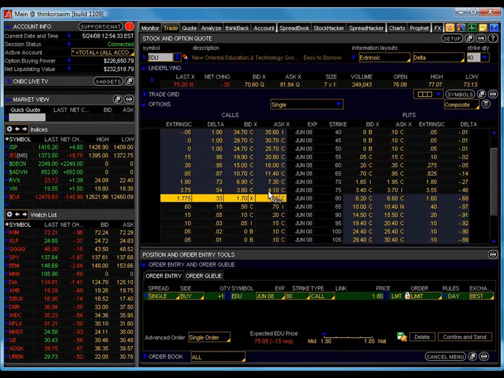Right now, the stock is at 75, and the 75 call is at $4.10. If it moves up $5, the 75 call will be worth $7.30. So that's why people buy call options: if they believe the stock will go up in price, they will profit from it.